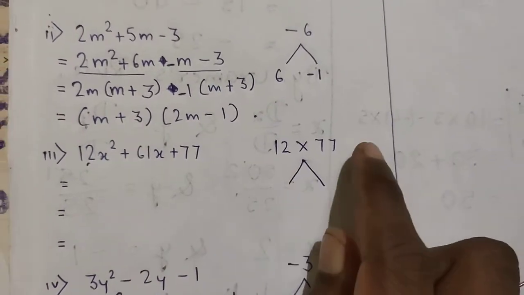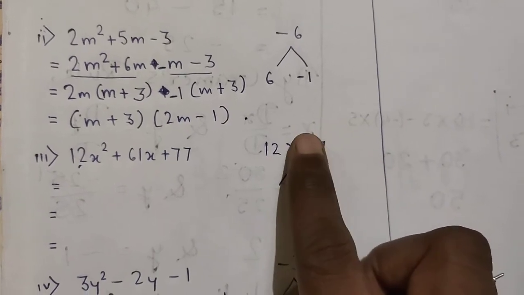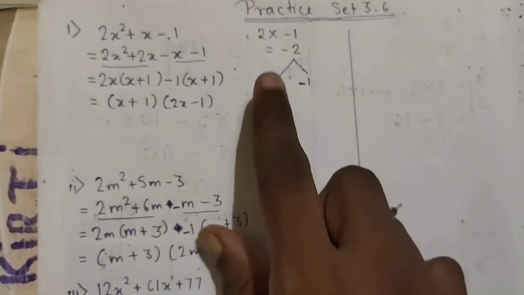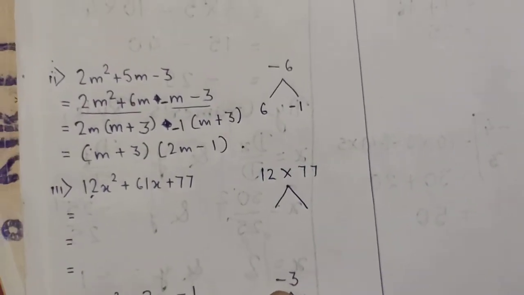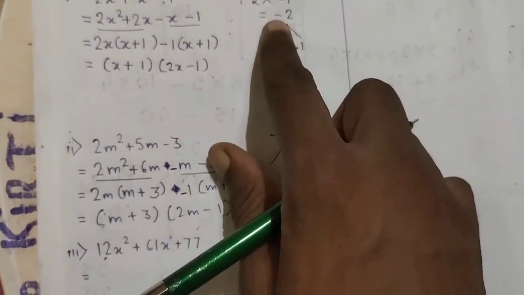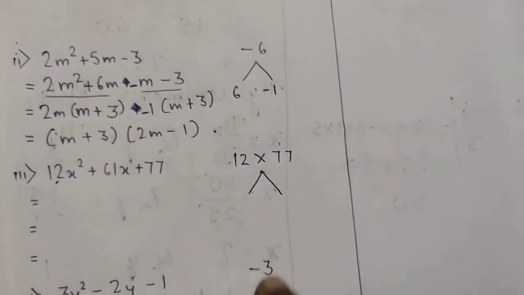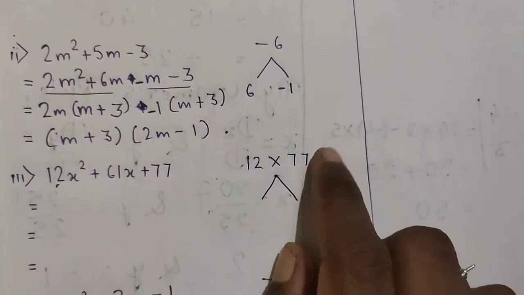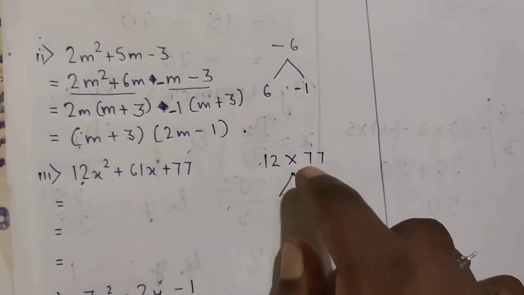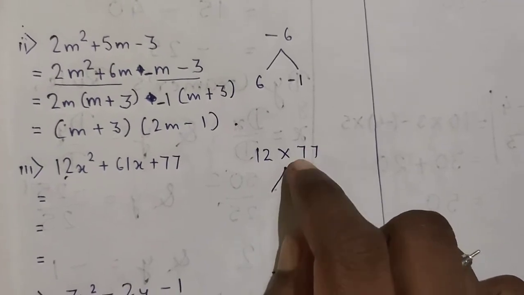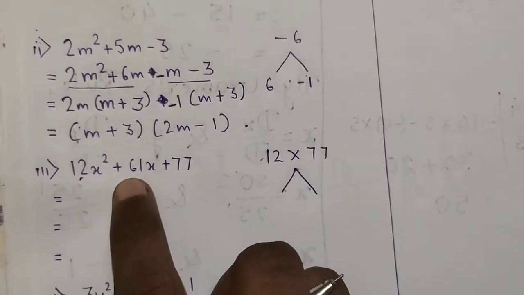Why addition? Because in this case we got a positive number. If you see your first, second and last one, the fourth one, in all these three cases we got a negative number. But here in this case you are going to get a positive number. So you have to make two parts such that their addition gives you 61.